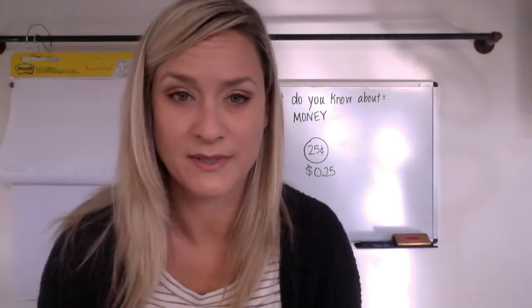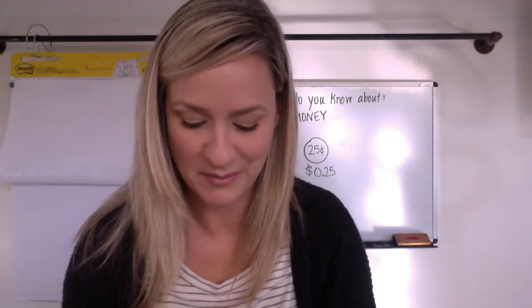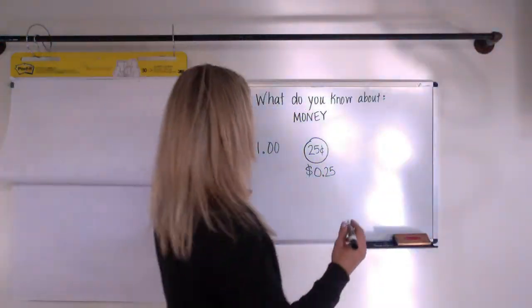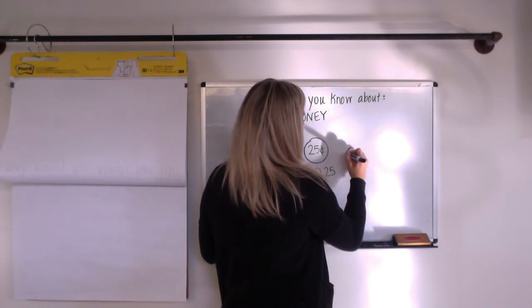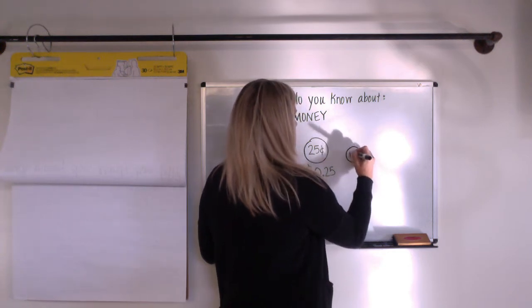I'm going to guess you probably know what the next coin is that I'm going to hold up. What is this? It's a small coin. How much is this coin worth? It's worth 10 cents, and it's called a dime, right? So this dime is worth 10 cents. And it's super tiny, so I'm going to draw it tinier. 10 cents.